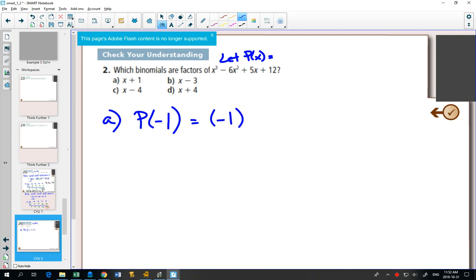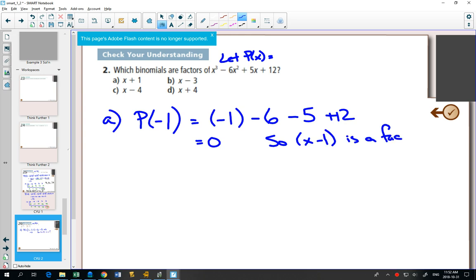Negative 1 squared is positive 1, minus 6, minus 5, plus 12. It's equal to 0. So I can tell right away that x minus 1 is a factor. Or x plus 1, sorry. I know right away that x plus 1 is a factor since the remainder is 0.